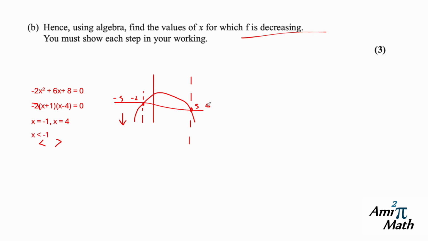So that's how you'd write it: x is less than -1, and x is greater than 4. So these are your two inequalities. Sorry, this has been drawn on, but you get the gist.